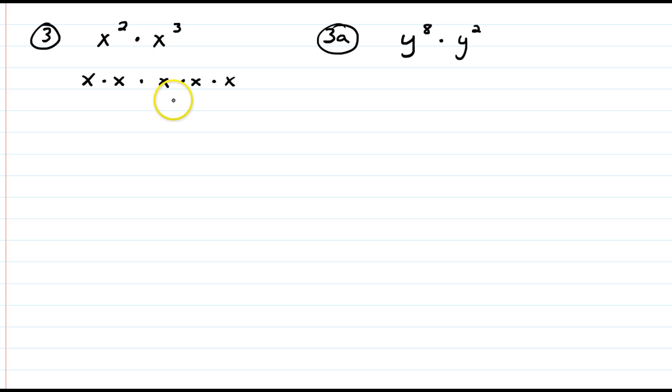And so now how many total x's do I have? I get a total of 5 x's, x to the 5th, because it's x times x times x times x times x. So now if you look at 2 and 3, how do 2 and 3 make 5? By adding.